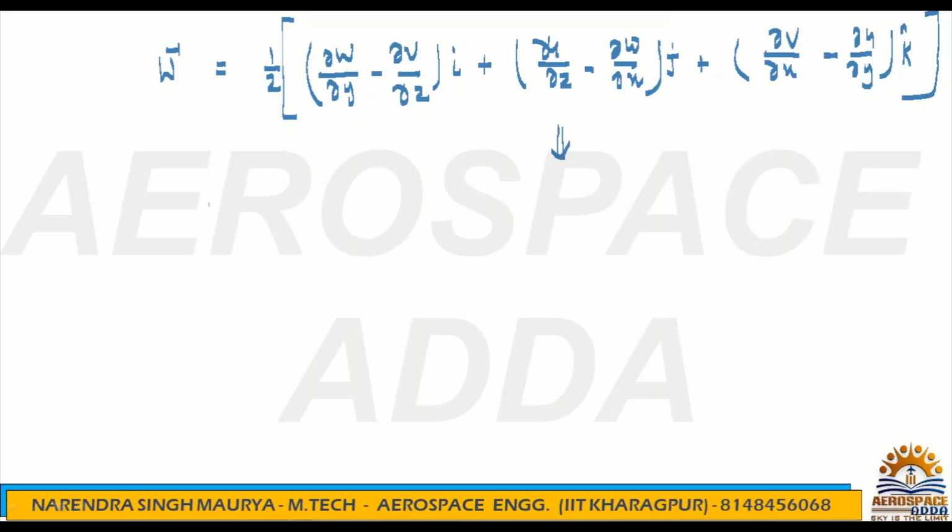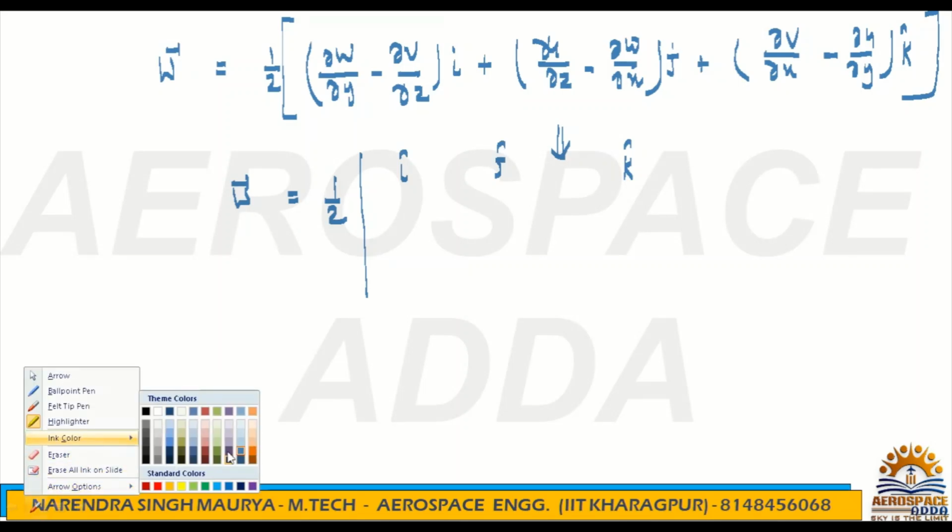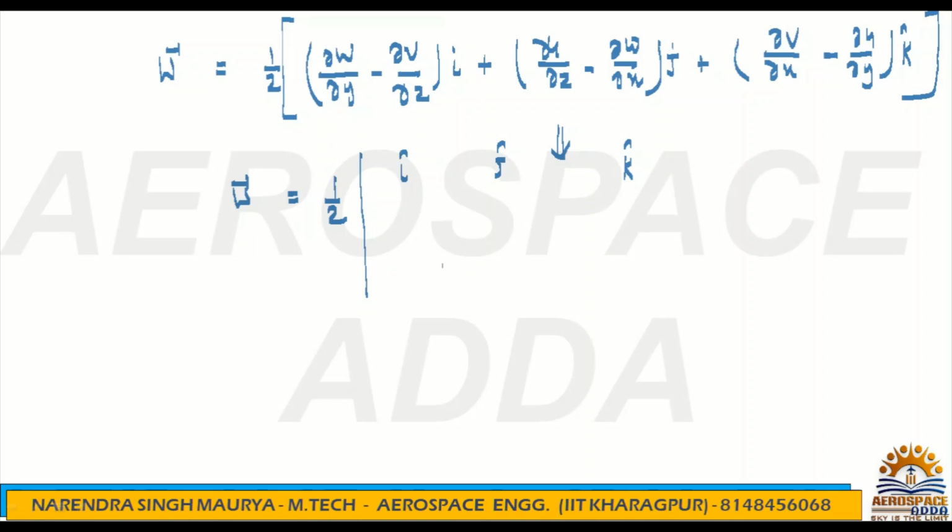So if you write omega vector is equal to 1 by 2, if you use the matrix with i, j and k, okay, i, j, k, and if you write the components here, what are those components? It's dou by dou x, dou by dou y, dou by dou z, and the velocity components u, v, w.